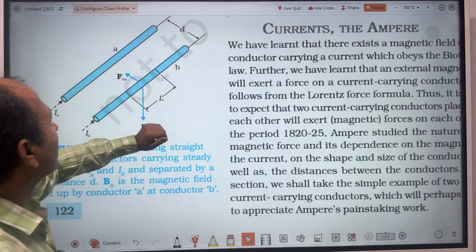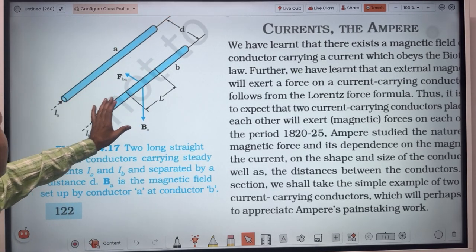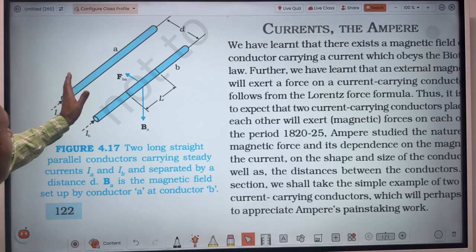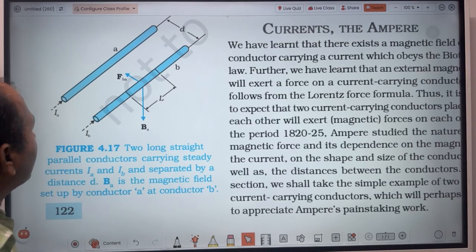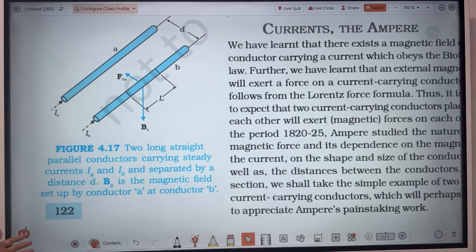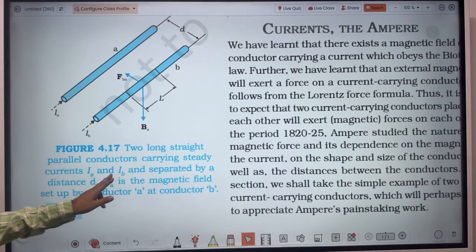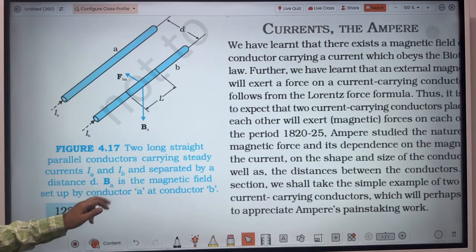Separation between the two is D. Since current is in the same sense, they will attract each other, right? So we are going to derive the relation of force per unit length and also the direct force. Here two long straight parallel conductors carry steady currents IA and IB and are separated by distance D.